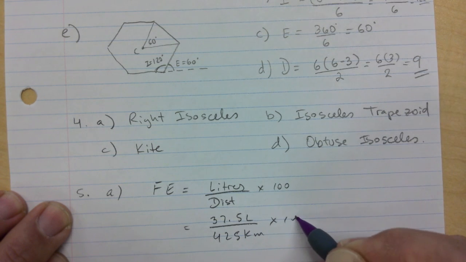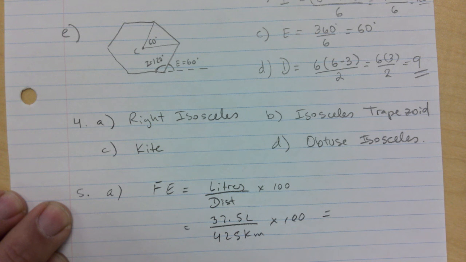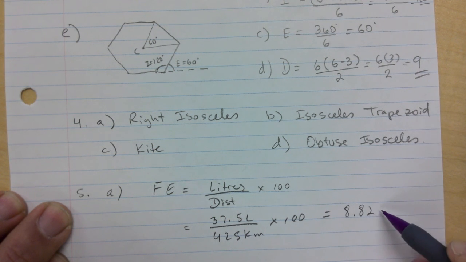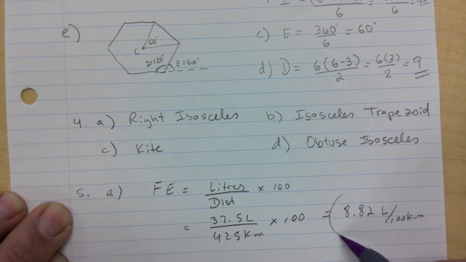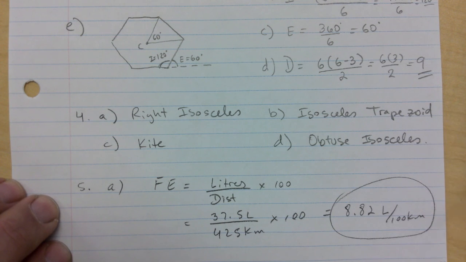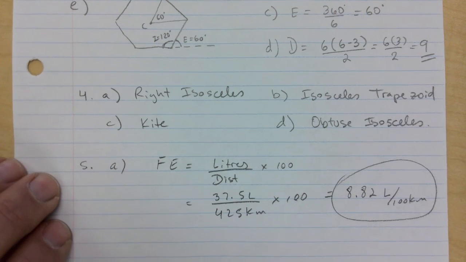We're going to multiply that by 100, and we have to be careful here not to round too soon, okay? After you multiply by 100, then you round. So it's 8.82 liters per 100 kilometers.